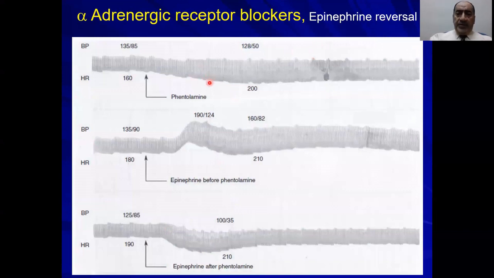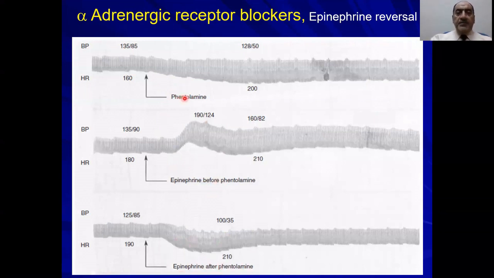Regarding epinephrine reversal, this is a little figure that shows the normal response. Remember phentolamine? Remember last time we talked about it? It's a non-selective alpha blocker. If you need to compare these two, you have to measure this alone and this alone, and then you measure the two with each other.